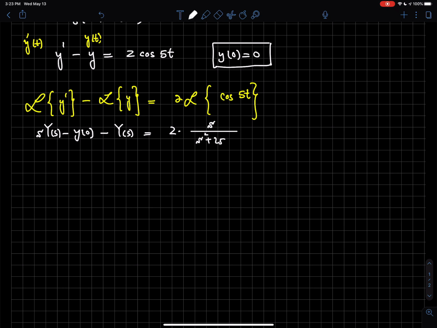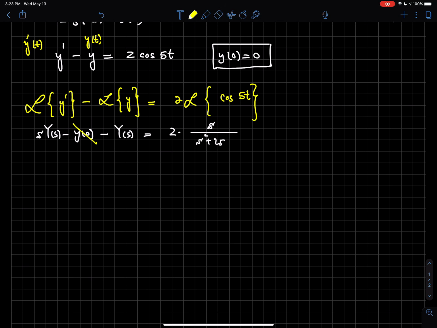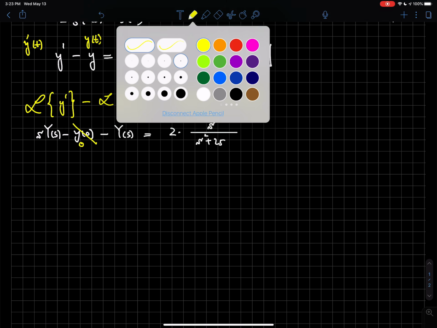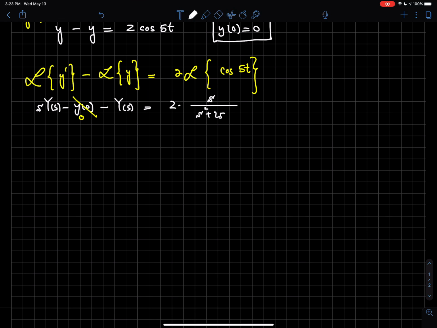So now y of 0 is 0, and that's always nice for the initial conditions to be 0, so it doesn't add to the complexity of the algebraic expression you're going to have to work with. And notice here that if I factor out the Y of s, I'll end up with s minus 1. And on this end, I'll end up with 2s over s squared plus 25.